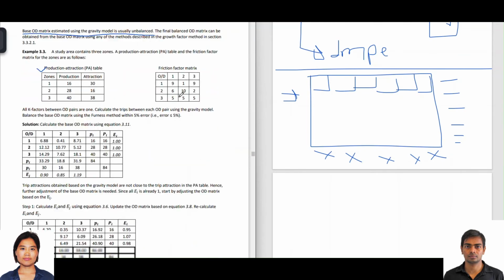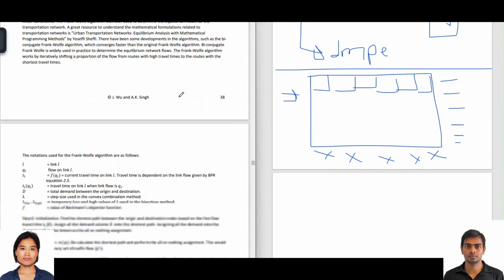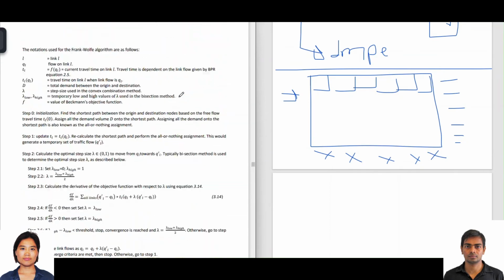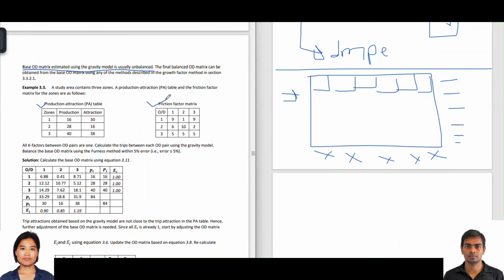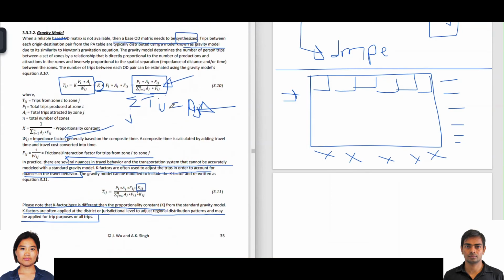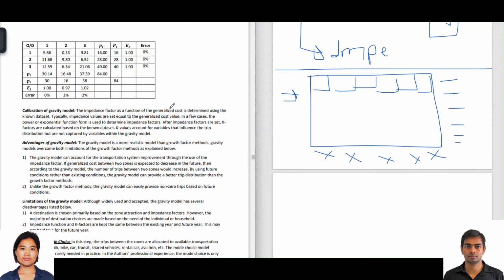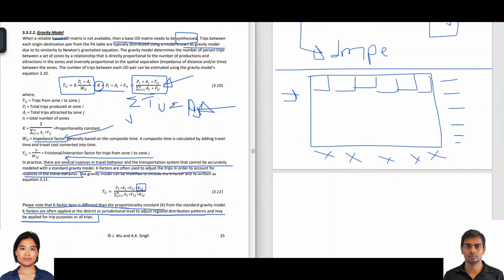But instead of the base OD matrix, what we have now are friction factors. We'll look at what friction factors are a little further down.